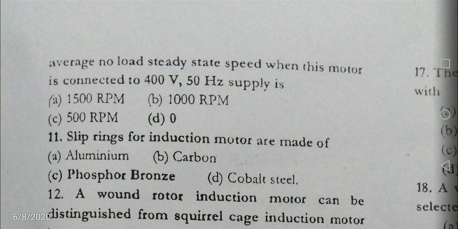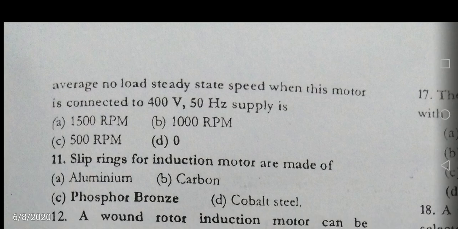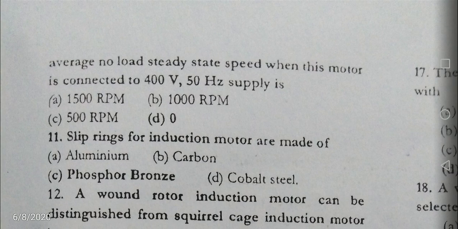The rotor poles are 6 and the stator poles are 4, so the machine will not rotate. Option D is right, because if stator poles and rotor poles are not the same, the machine will not rotate.